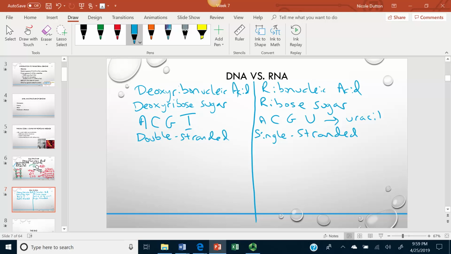The location of the DNA is either in the nucleus or the nucleoid. The nucleoid would be in bacterial cells because remember, bacteria don't have a nucleus. Otherwise, in eukaryotic cells, it would be in the nucleus. Now, RNA can be found all over the cell, so multiple locations.